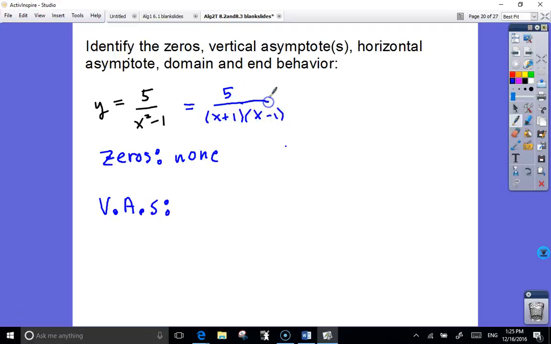It's a factoring pattern that is assumed to have been mastered by now, because it's going to be all over the place in this chapter. And every time it's there, it's going to be expected that you factor it, and that it's not actually a challenge. Okay, so now what are the zeros of this denominator? -1 and 1. So we have to say that the vertical asymptotes are x equals 1 and x equals -1.